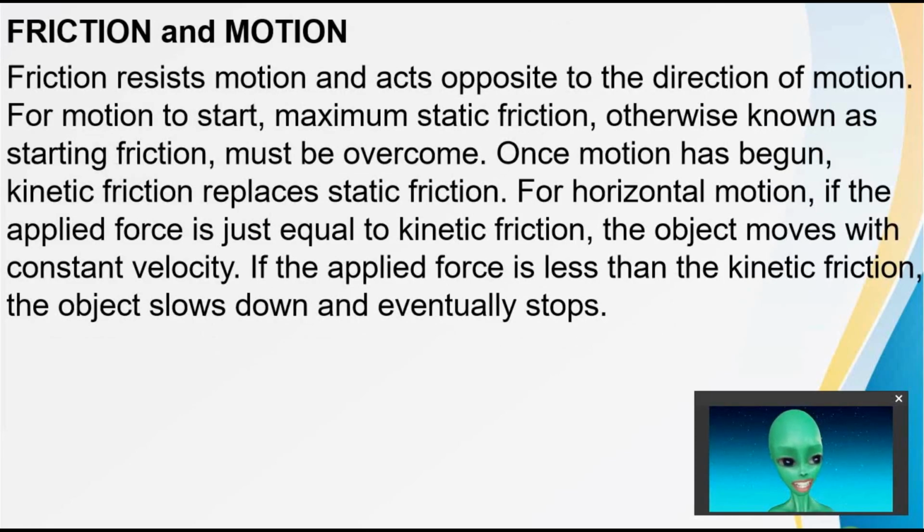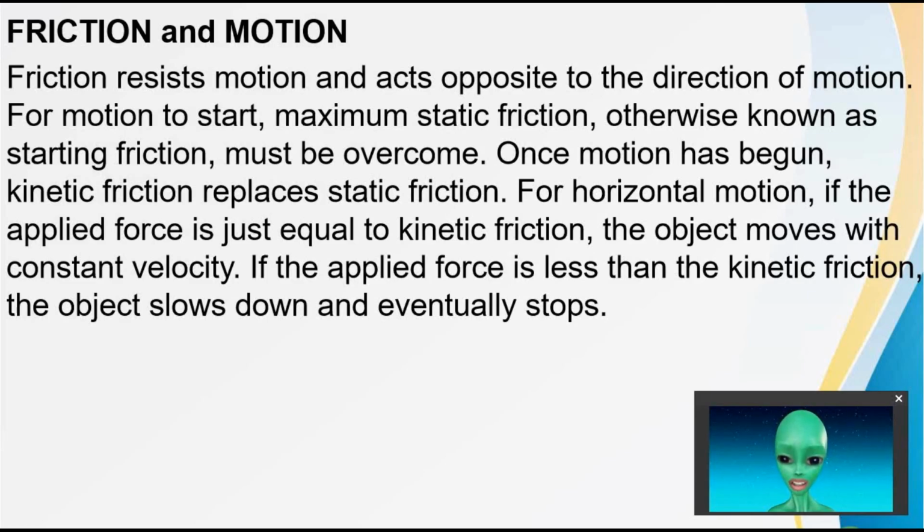Friction resists motion and acts opposite to the direction of motion. For motion to start, maximum static friction, otherwise known as starting friction, must be overcome, because unless it is overcome, the object will not move. Once motion has begun, kinetic friction replaces static friction.